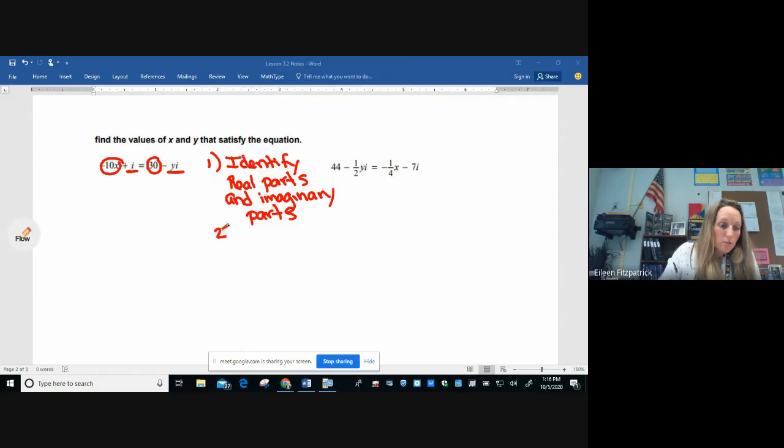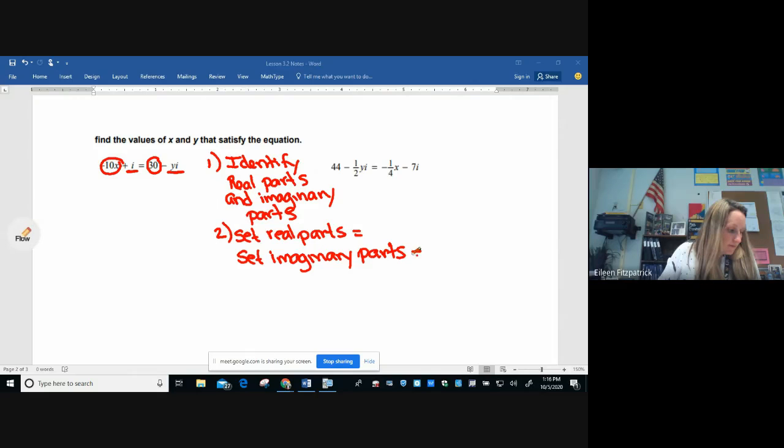Okay. Step 2 is you're going to set real parts equal, and then you're going to set imaginary parts equal.